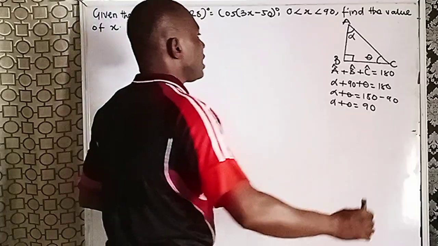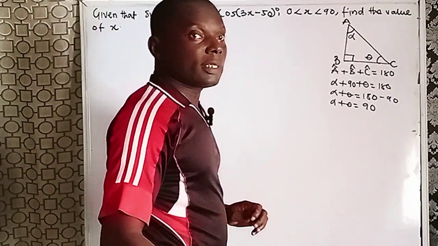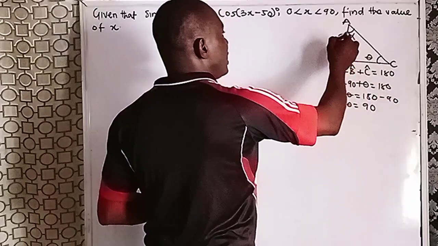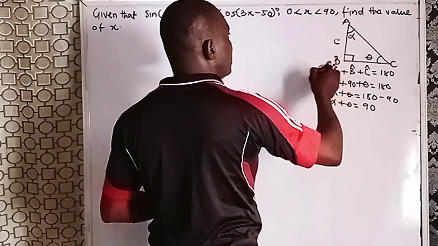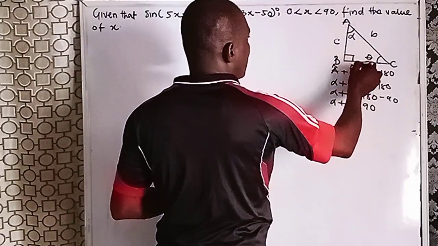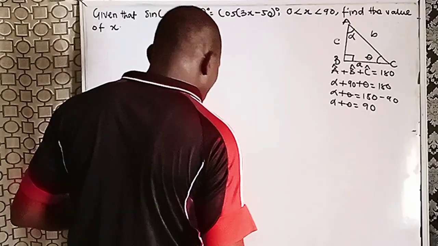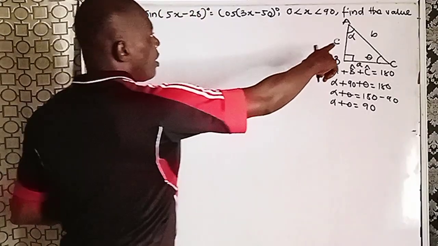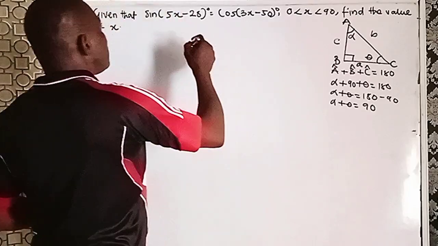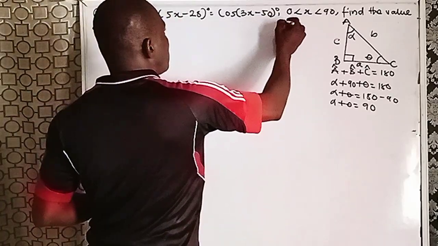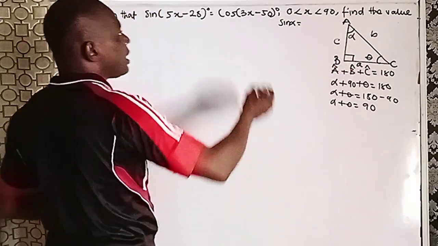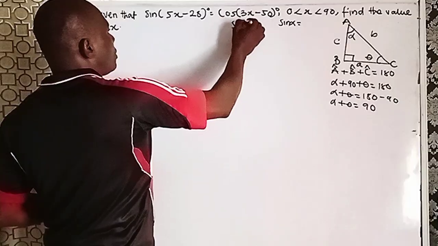Now, assuming we are labelling the sides, this angle here is C. The side opposite it is usually represented with small letter c, the side opposite B is small letter b, and this side here will be small letter a. Then let's look at the sine of angle alpha.